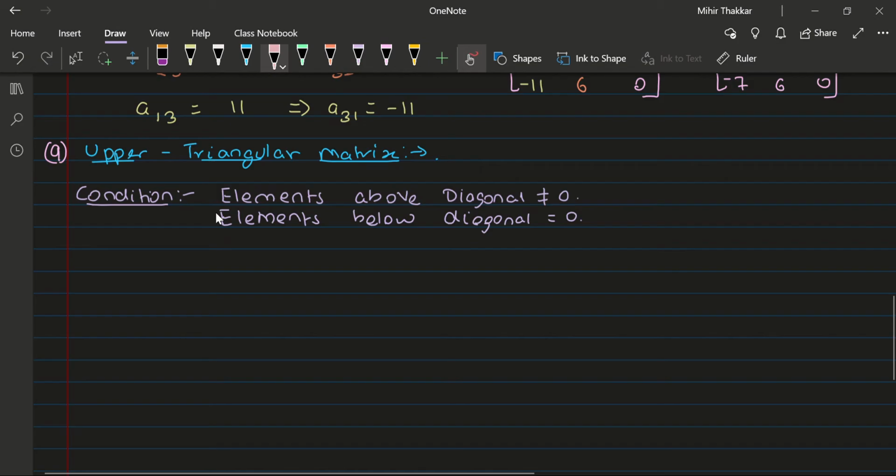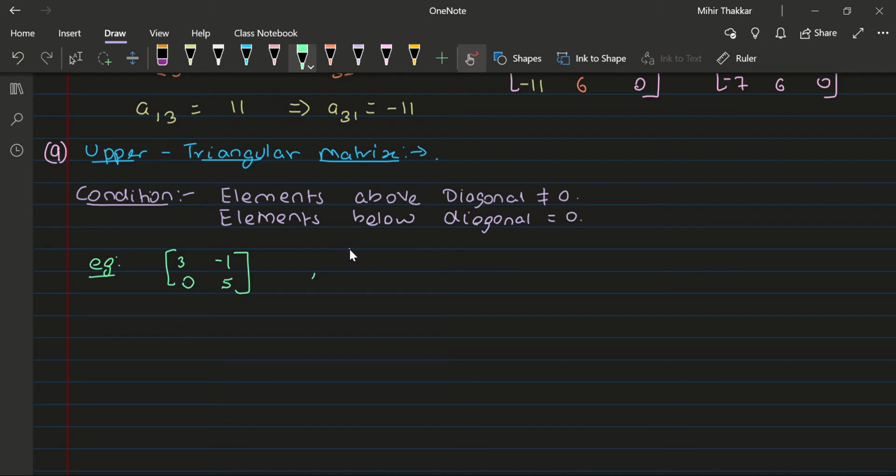So for example, these are the diagonal elements. There is no condition on diagonal elements. They can be 0, they can be non-zero, but compulsory above the diagonal there has to be any non-zero number, positive or negative. Below the diagonal, compulsory it has to be 0.